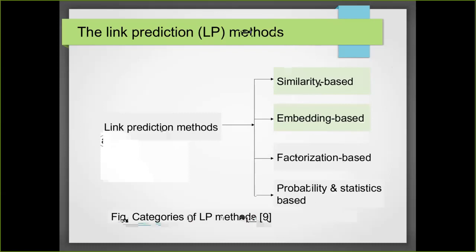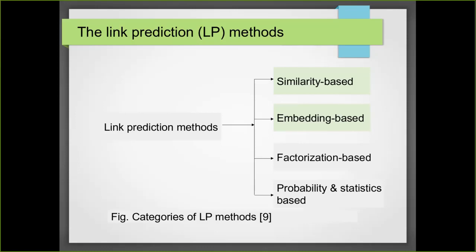Similarity-based methods find a similarity between nodes and use these similarity values to predict the link between those nodes. Embedding-based methods embed the nodes into another space, like a numerical space, and then use the embeddings for link prediction.